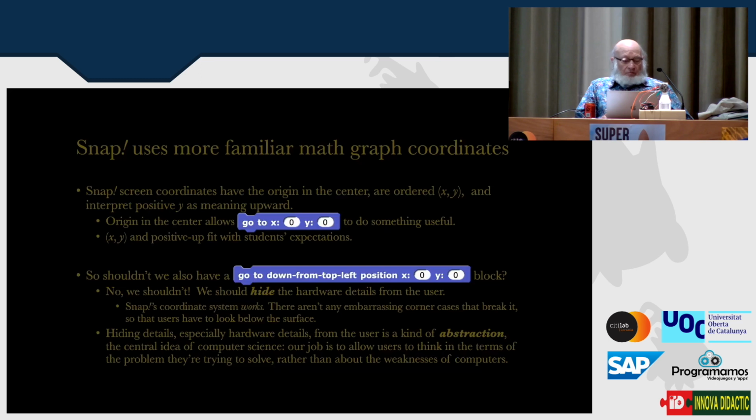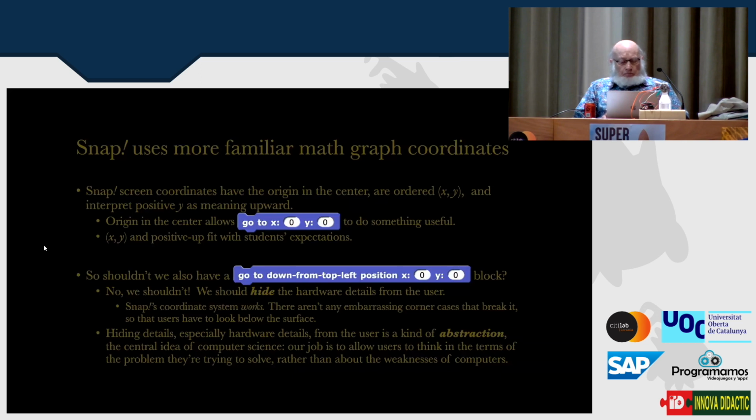But also, X, Y ordering and positive meaning up fits with students' expectations. I use the word student here advisedly because for this reasoning, it's students that matter, and in particular algebra students who don't want to have to deal with two different coordinate systems at once.